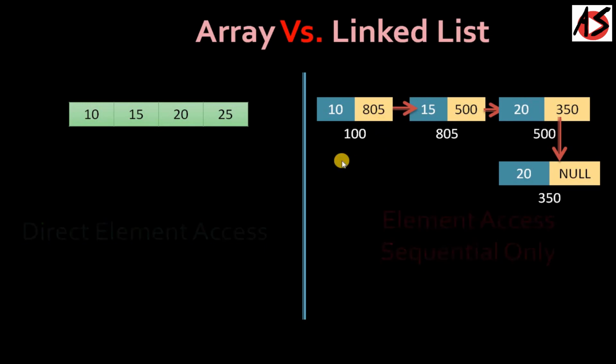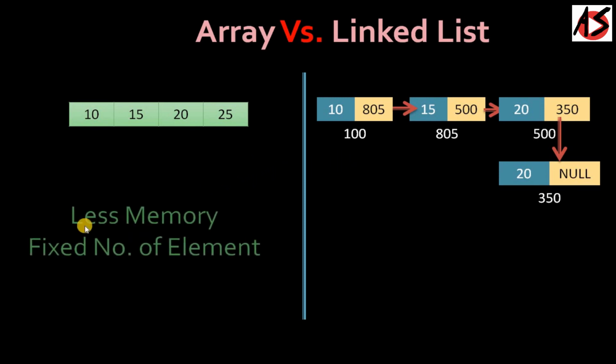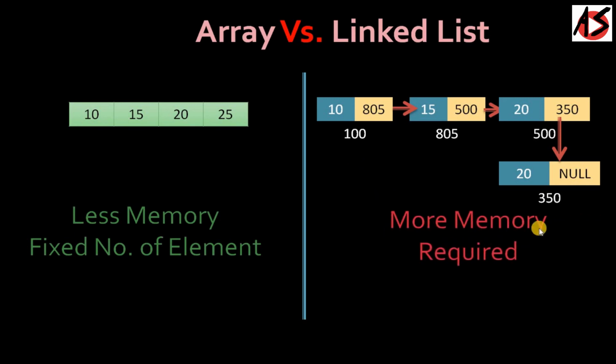Second advantage of arrays over linked list is arrays require less memory for the fixed number of elements. That means suppose if you want to store the 4 elements of integer data type, you require the 16 bytes. While in the linked list, more memory required.